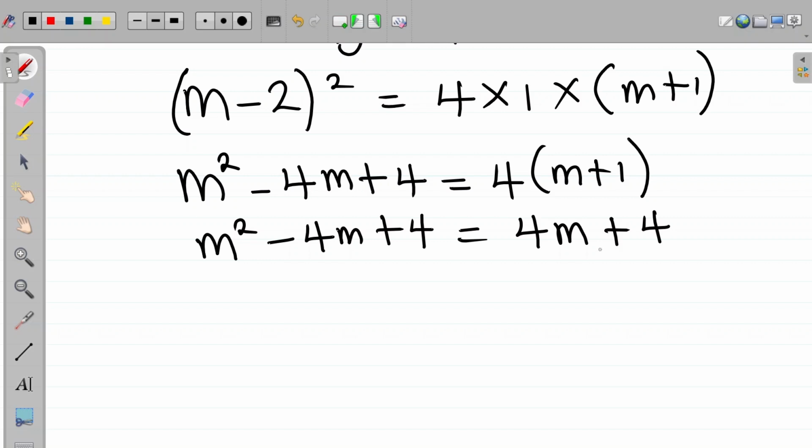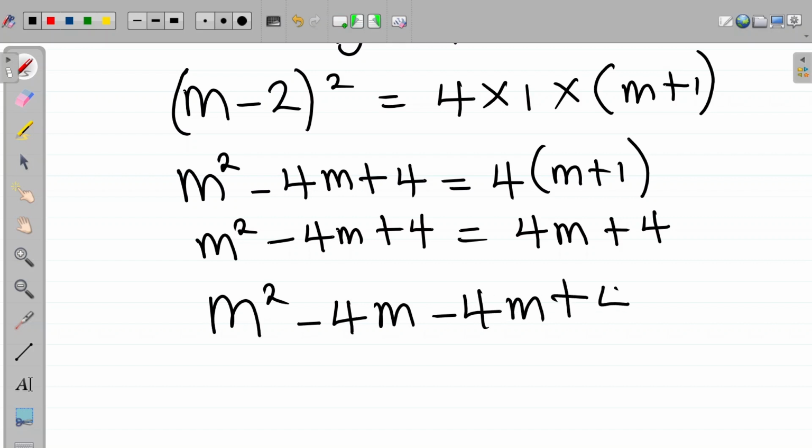Now we can collect like terms. We will move all the values in our right hand side to the left hand side. So the equation becomes m squared minus 4m minus 4m plus 4 minus 4 equal to 0.